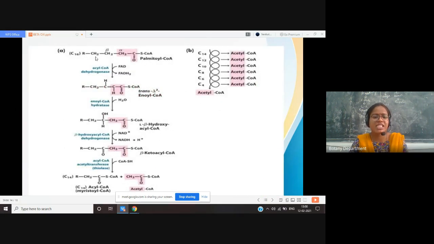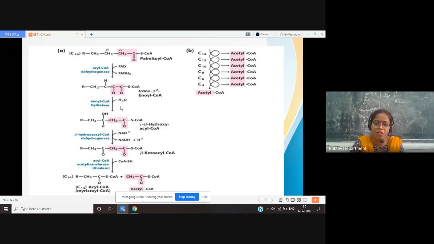Palmitoyl CoA, a 16 carbon compound, is converted to trans delta 2 enoyl CoA in the presence of the enzyme acyl CoA dehydrogenase, which needs FAD. In the first step, FAD is converted to FADH2. Next, this trans delta 2 enoyl CoA is converted to beta hydroxy acyl CoA in the presence of enoyl CoA hydratase, which is a hydration reaction.